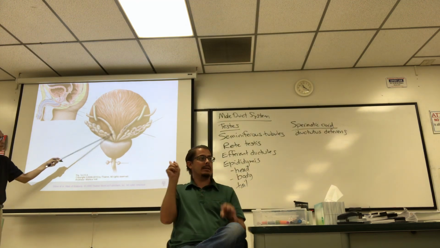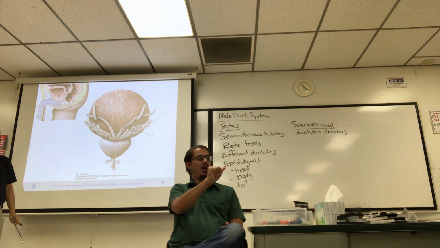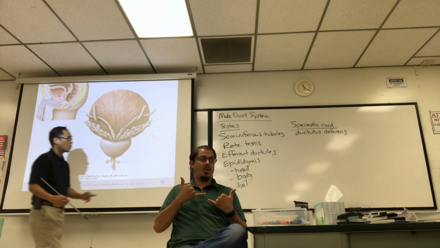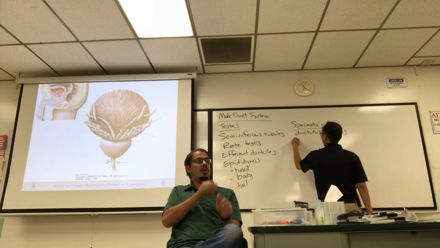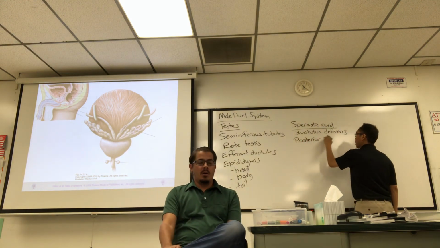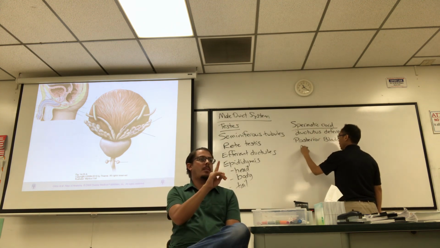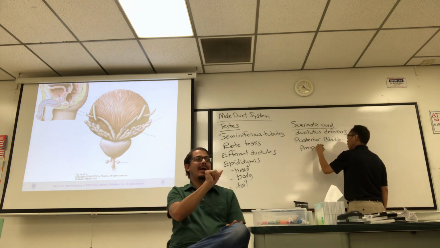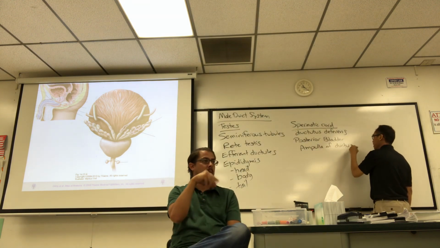This is called the ampulla of the ductus deferens. So we've gone inside the body cavity now, right? So now we're in the posterior bladder. That's the urinary bladder. So we're in the ampulla of ductus deferens.